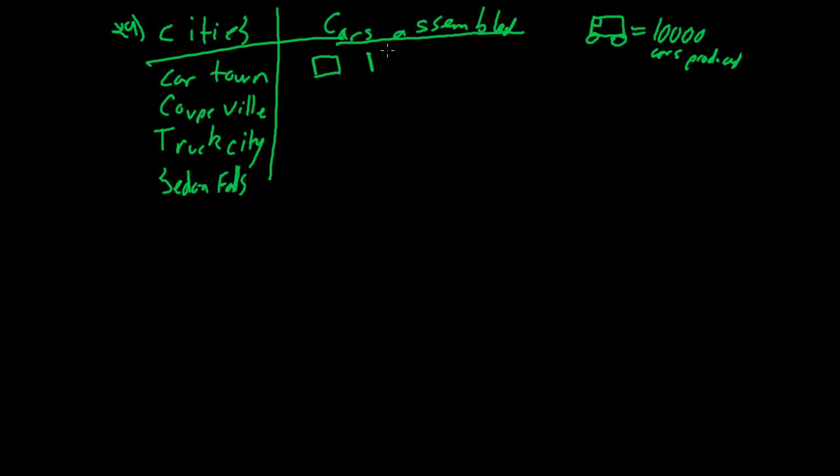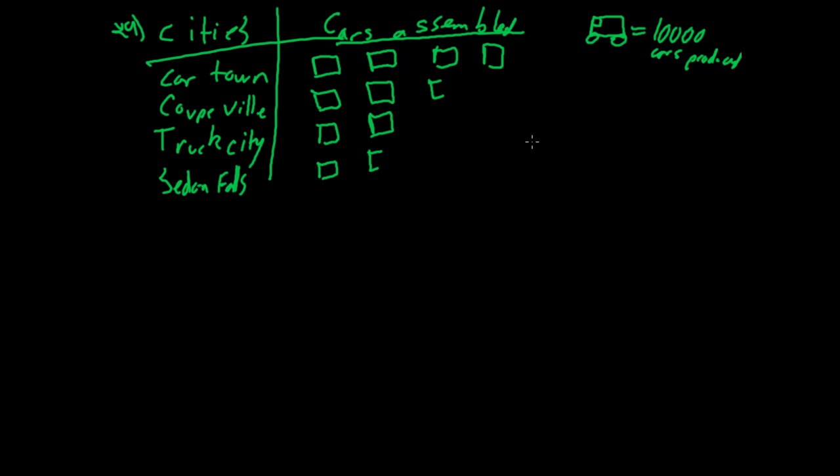I'll just make them boxes to save time, which is basically what they were originally. But Coupeville has 2.5 of these. Truck City has 2 of these, and Sedan Falls has 1.5.